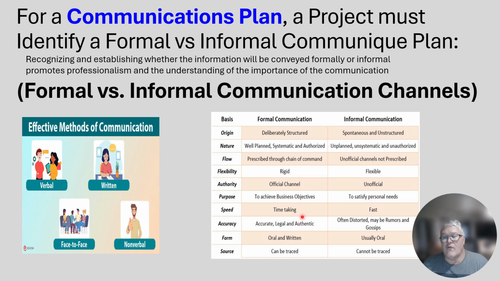Accuracy, for formal, has to be accurate, has to be legal, has to be authentic, has to be referenced. Informal can be distorted, can be poor information provided, things like that. Formal can be oral or written, and for informal, it's usually just oral, and then source, for formal, it can be traced, and then informal, it can't be traced.